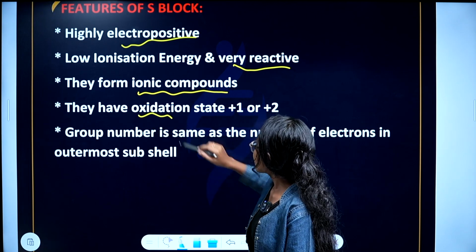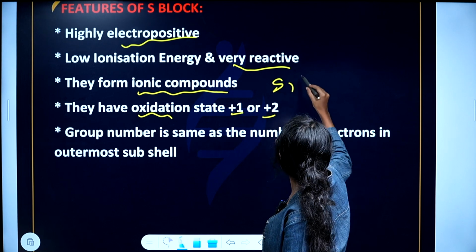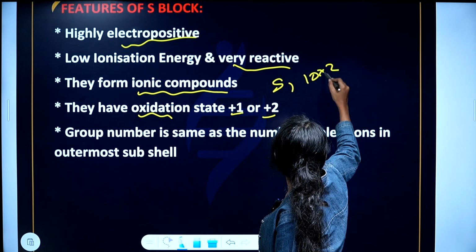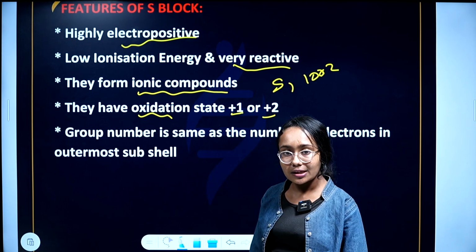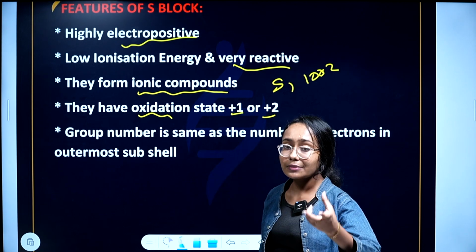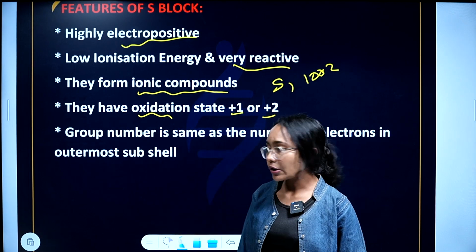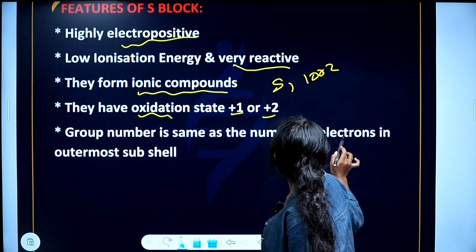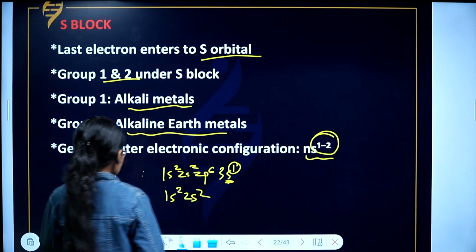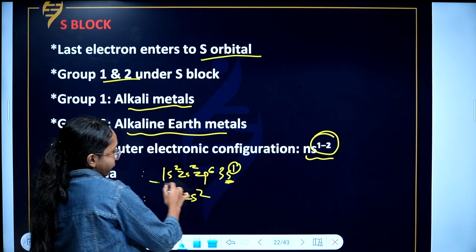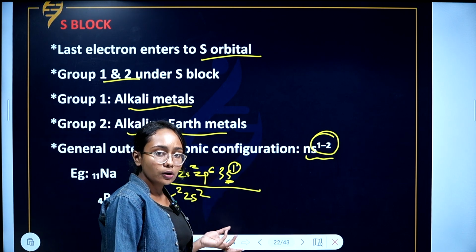Also the oxidation state is +1 or +2, as the S block can have a maximum of 1 or 2 electrons. They have either a +1 or +2 oxidation state, because of the electropositivity of S block elements. The group number is the same as the number of electrons in the outermost subshell. Sodium 11, with this electronic configuration, is in either the first or the second group?